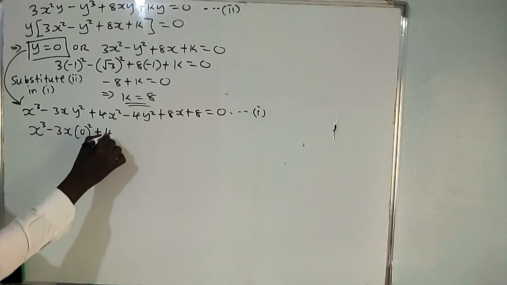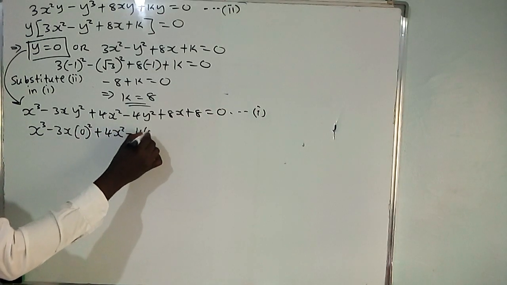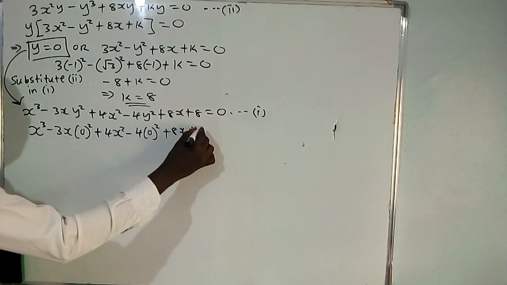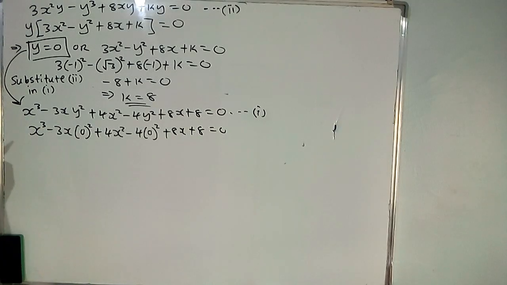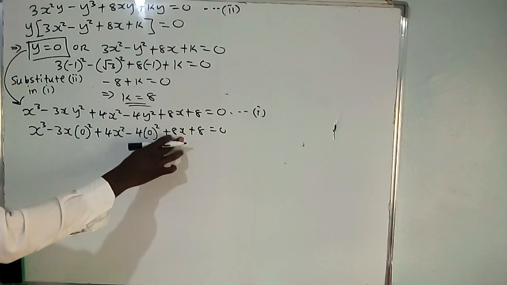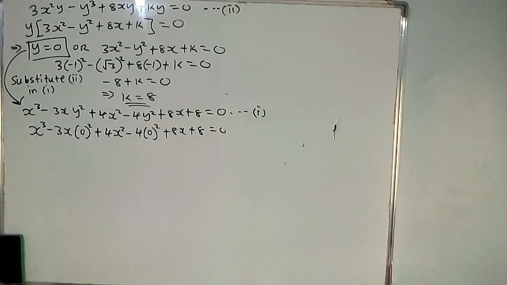So in equation 1, the whole of this will go to 0, isn't it? So we are going to have x cubed minus 3x into 0 squared plus 4x squared minus 4 into 0 squared plus 8x plus 8 is equal to 0. Are you seeing that? Where there is y, you put 0.